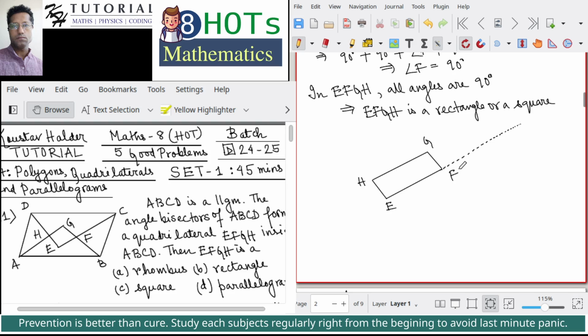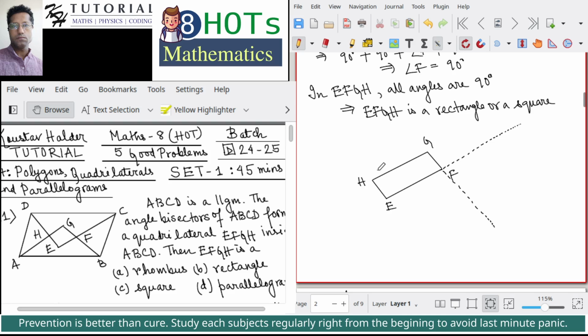So I have this. Similarly, the side GF will be formed by the angle bisector of angle B of the parallelogram. It will be like this.